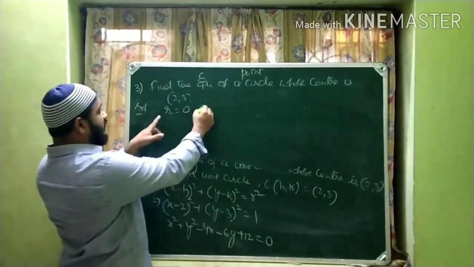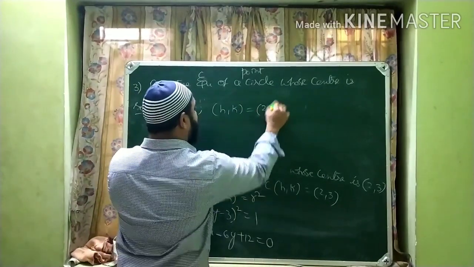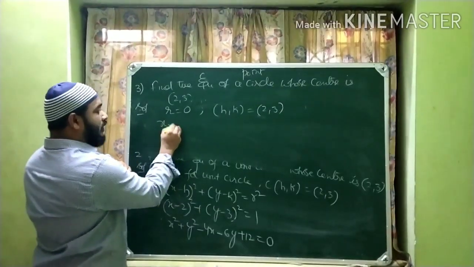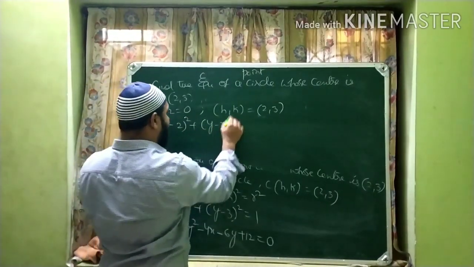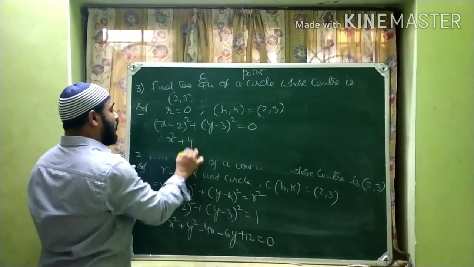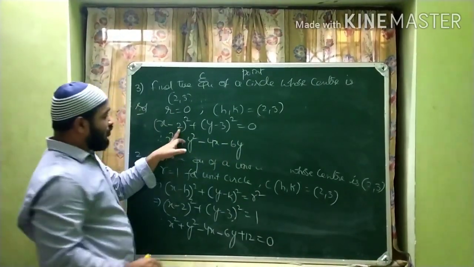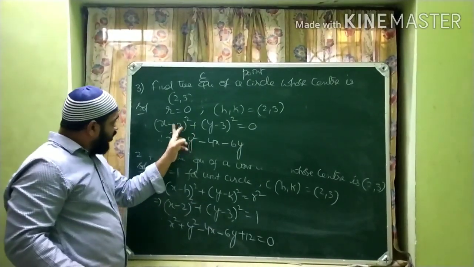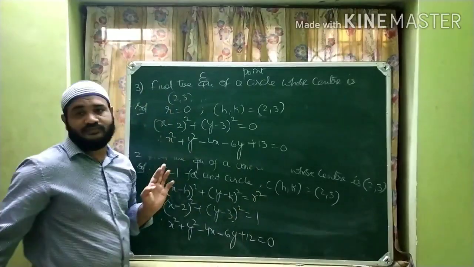So next step, (h, k) is equal to how much? (2, 3). So (x minus 2) whole square plus (y minus 3) whole square is equal to 0. Therefore, x square plus y square minus 4x minus 6y, and totally this is plus 13 equals 0.